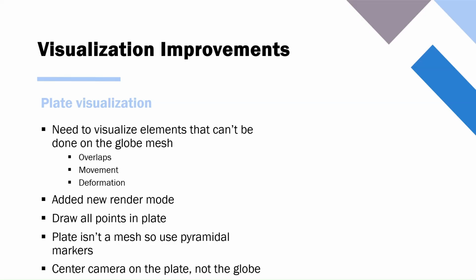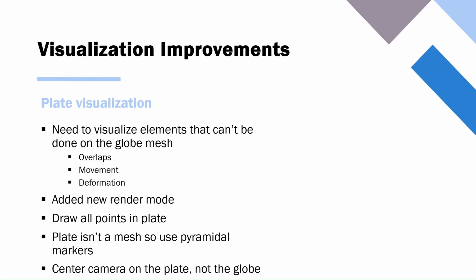You could remesh the plate, but that would be a slow process, also a complicated piece of code. There are probably libraries, but all in all it seemed more faff than it was worth. So instead what I'm doing is drawing a pyramidal marker at each mesh point. And finally, I've centered the camera on the plate in this mode and not the globe.